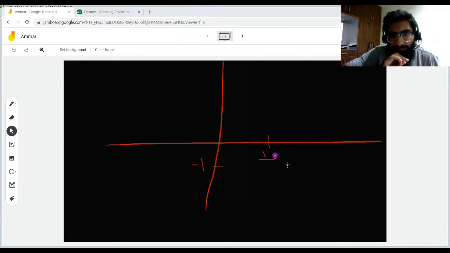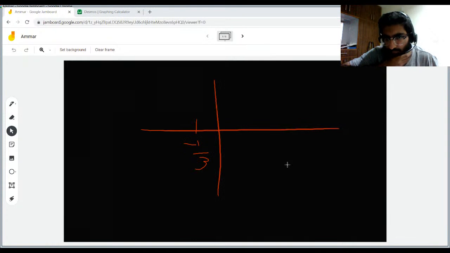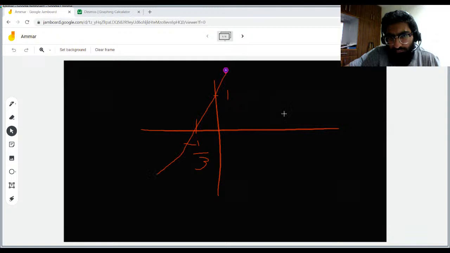And then it becomes negative 1 by 3. And then it becomes positive 1. And then it goes like this to like this.